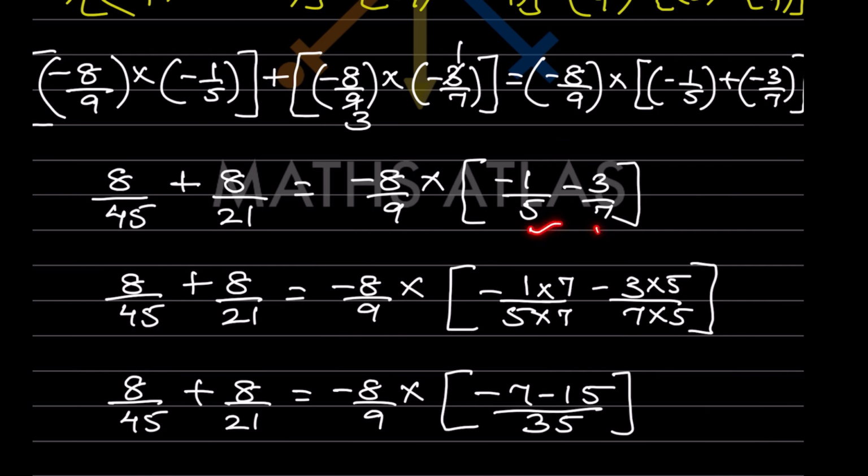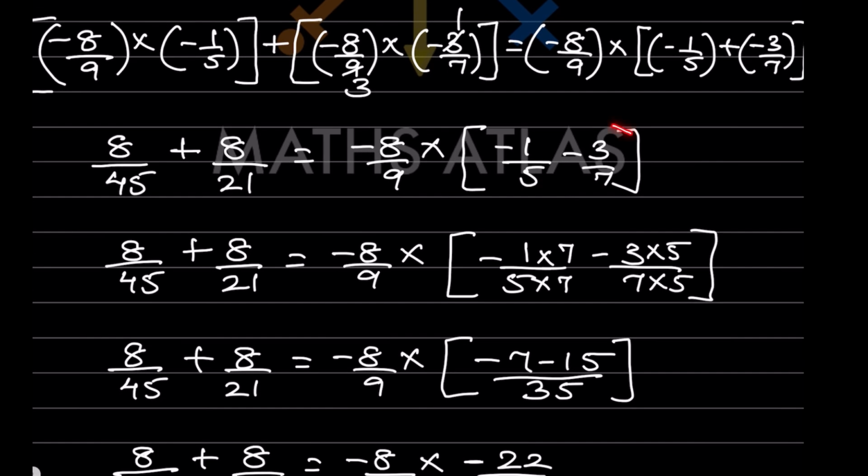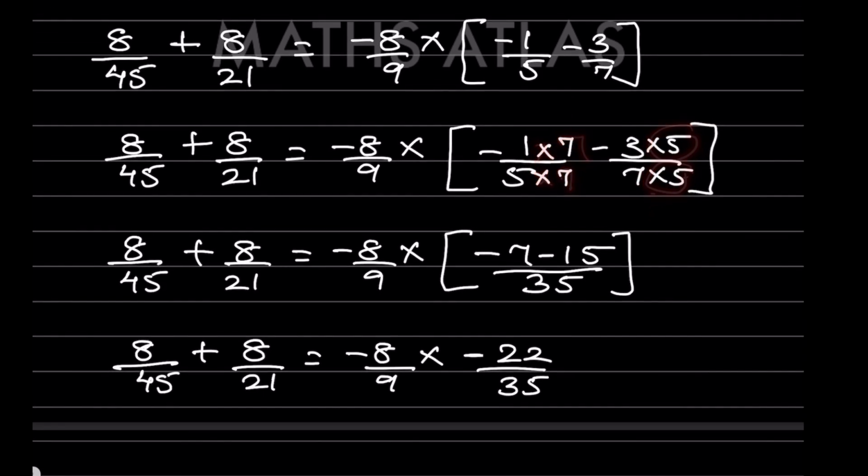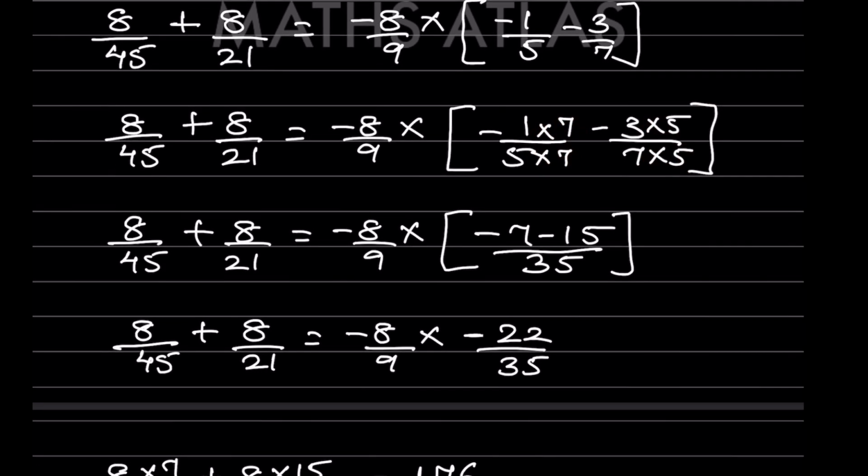But here is a negative sign, so we still have to keep it in the bracket. Now you can see the denominators are different. Let us make the denominators the same. The LCM is 35. So here it will be 7, so this also will be 7. 7 fives are 35, so this also is going to be 5.